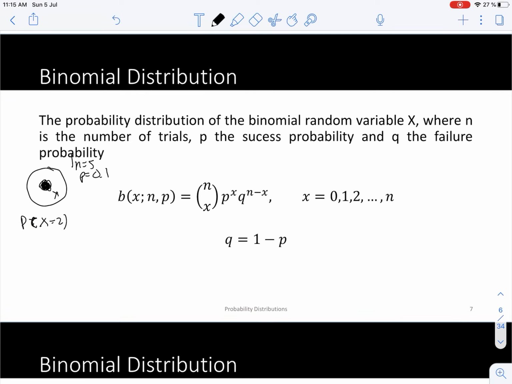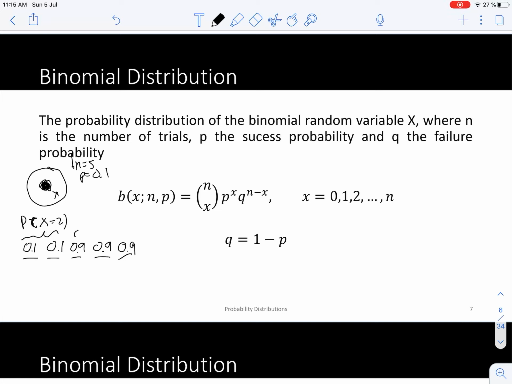Imagine that one possibility, just one option, is that we hit the target in the first two shootings, and then in the other 3 we missed the target, right? That's an alternative. So let me write it down. What's the probability of that scenario? They are independent. So the probability is going to be 0.1, that's success, again success, times then fail, 0.9, 0.9, and 0.9, like 5 shootings, right? Because n is equal to 5, and there are 2 successes here, right?